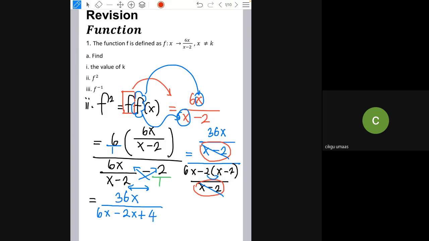I expand this bracket. So I will get 36x over 4x plus 4. Check step by step. Any technical part not sure, you can ask. Because after that, I'm going to do some maths inside here.